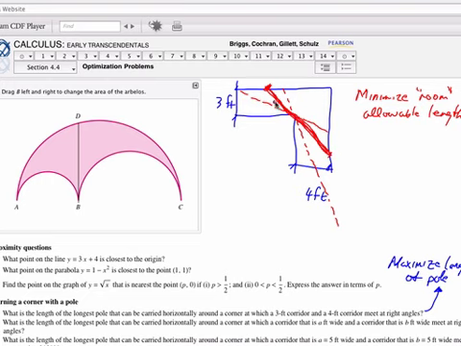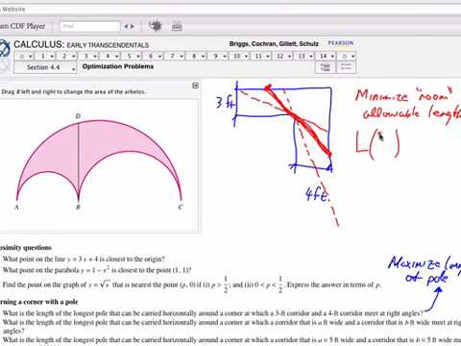So we're looking at all these different situations. The maximum pole that we can have is the one that will still fit when we have the minimum distance. That's what we're trying to say. So we'll call that function L. What is L going to be a function of? We're looking at all these different ways that we can get a pole around the corner.